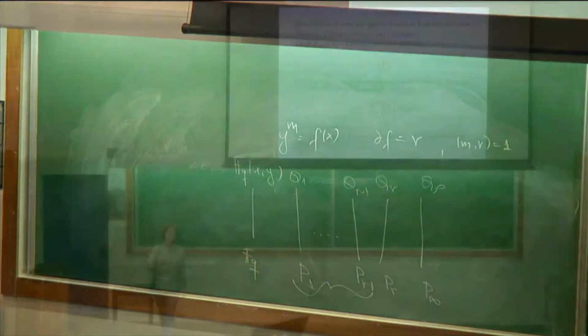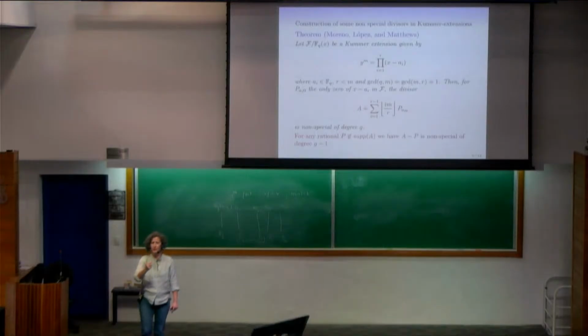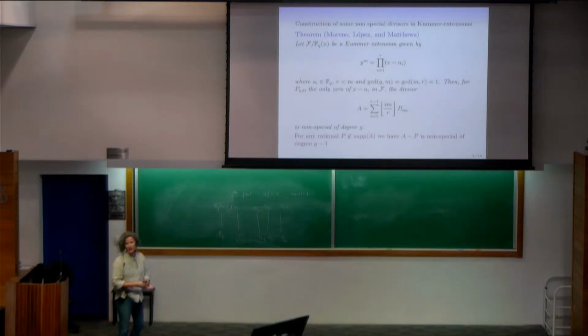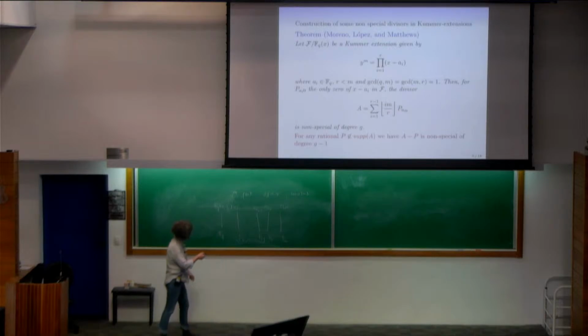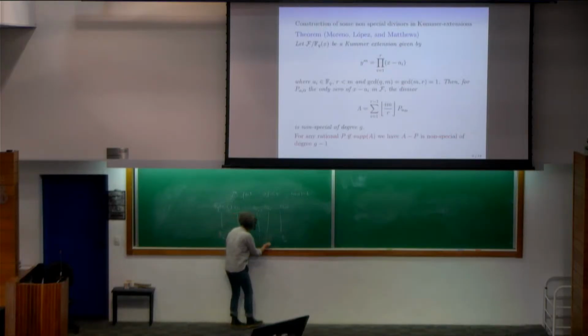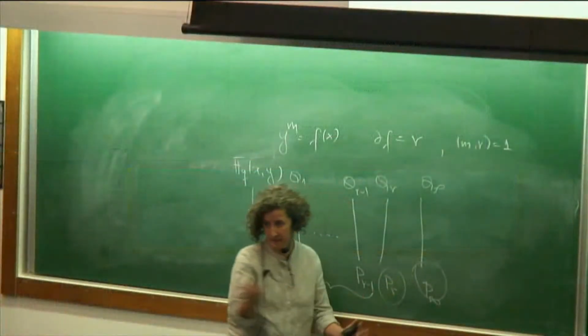So you have two rational places free to take off and get your non-special divisors of degree g minus 1. Okay? So you can get two different non-special divisors of degree g minus 1, just by choosing in P as being, one time this one, the other time this one.